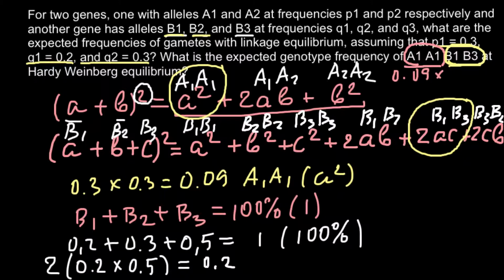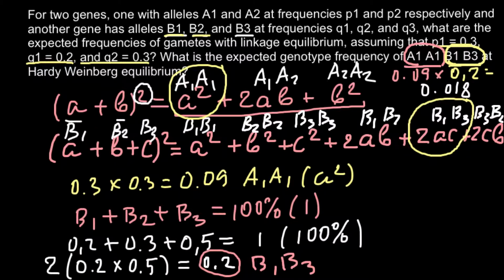frequency of the genotype for the gene B. This is going to be B1, B3 in diploid organism, and we have found that frequency of this genotype B1, B3 would be 0.2. So we put this frequency here, or probability. So now we just multiply these numbers, and the answer would be 0.018.